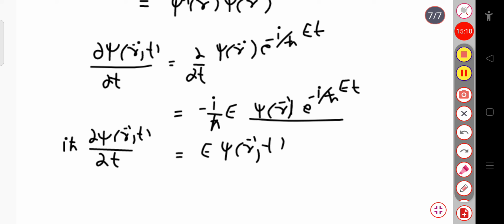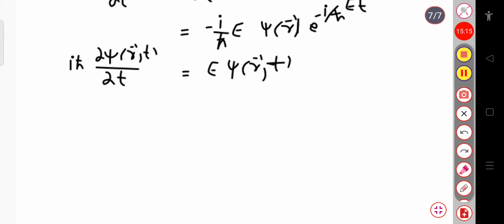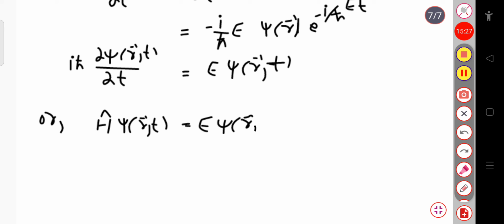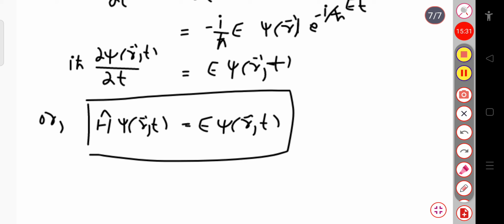So now this equation becomes Ĥψ(r,t) equal to Eψ(r,t). This is Ĥψ equal to Eψ. Here Ĥ is the Hamiltonian operator and E is known as the eigenvalue of Ĥ, the Hamiltonian operator.